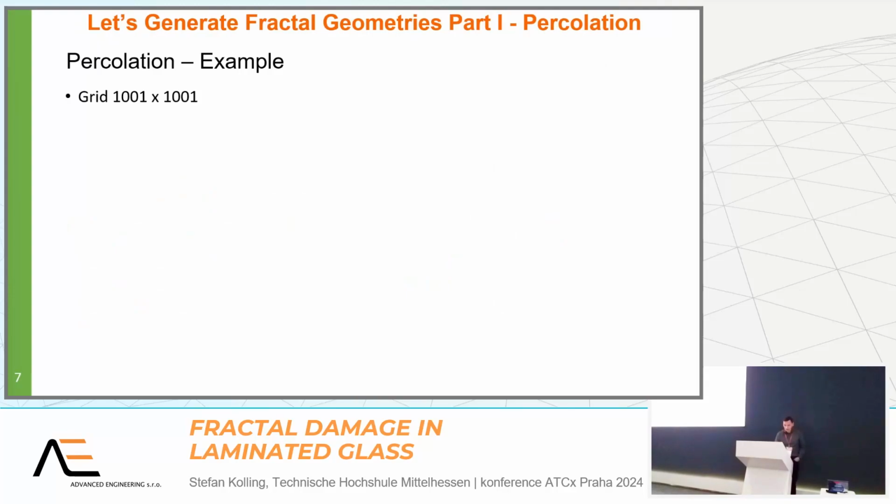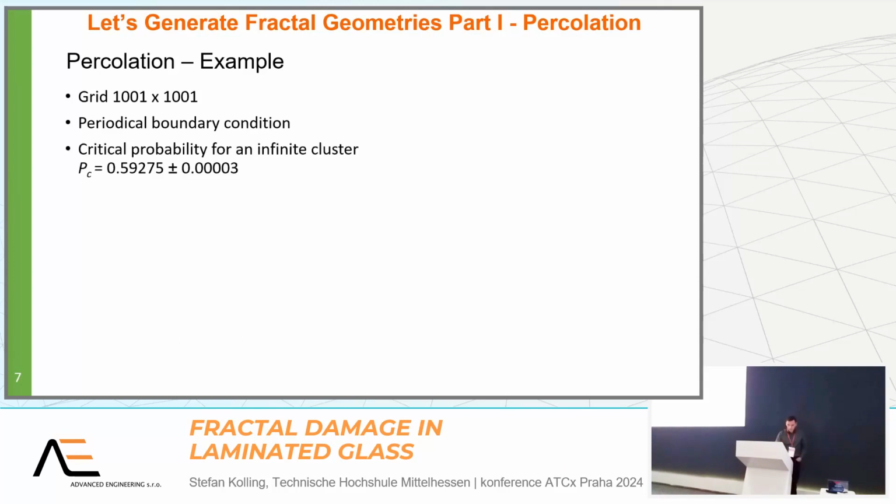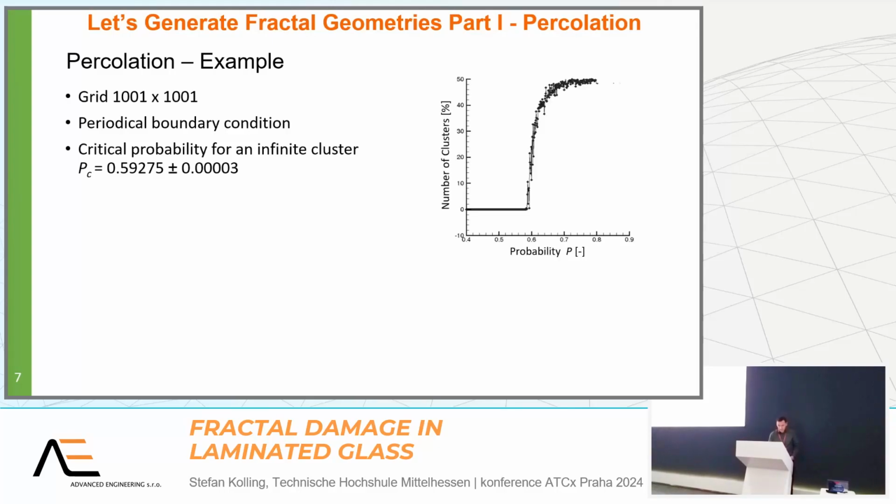Here is an example for percolation: a 1001 times 1001 grid with periodic boundary conditions and a critical probability of roughly 0.59. This is the number of clusters in dependence of the probability, and roughly at 0.6 something happens.